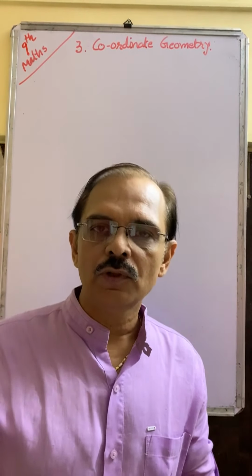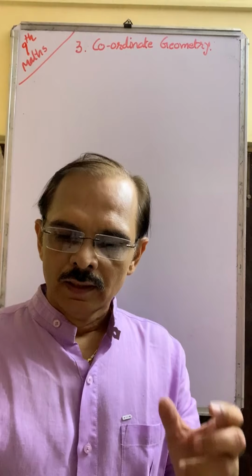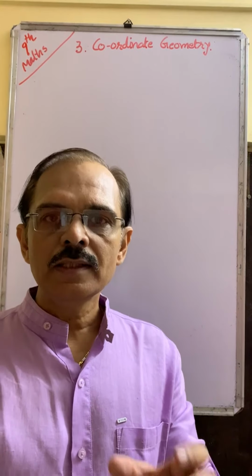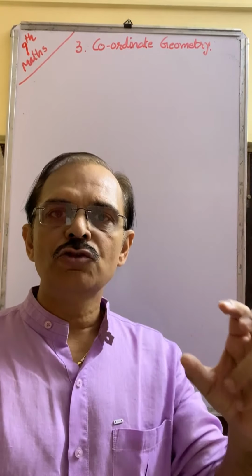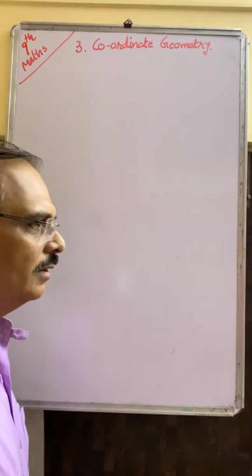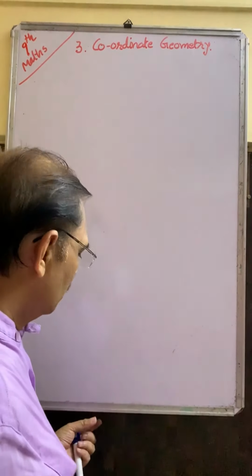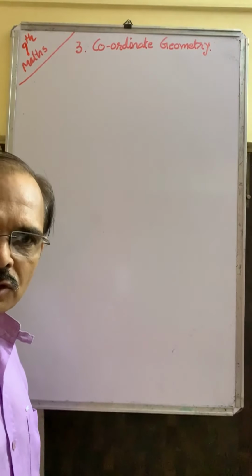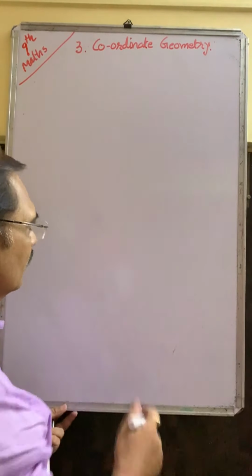This is the first time you are going to learn this. This coordinate geometry is the combination of algebra and geometry, which is derived by the mathematician and scientist Rene Descartes.